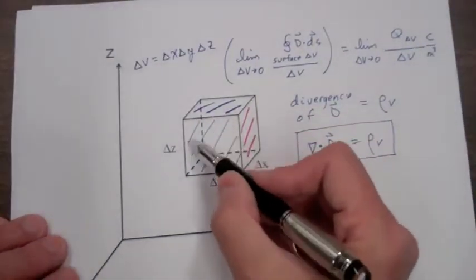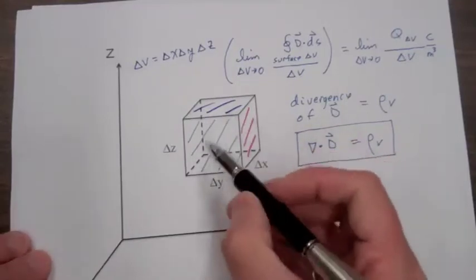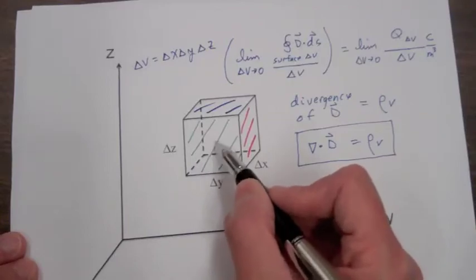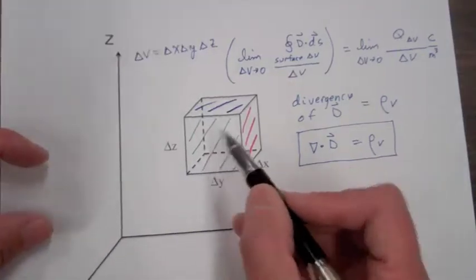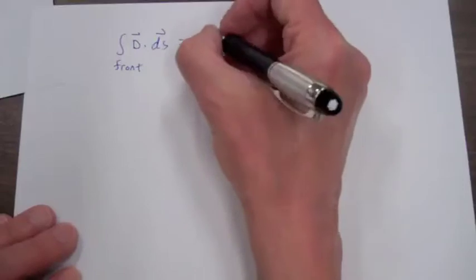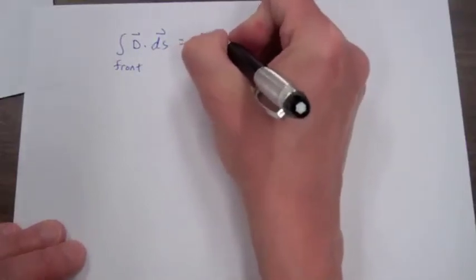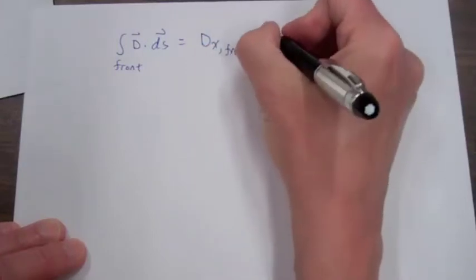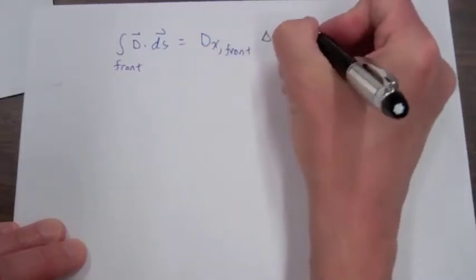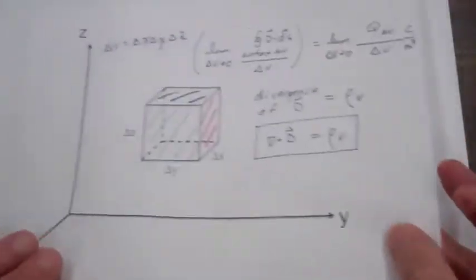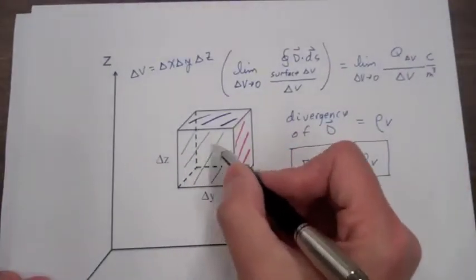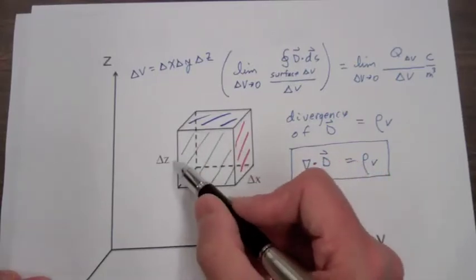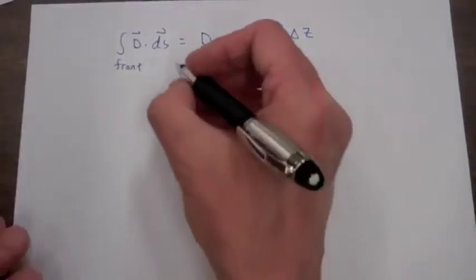Okay, so this surface on the front face, orientation is in the a sub x direction. So this integral will become d sub x on the front face times delta y delta z. When you take the dot product, you're just going to get the value of d sub x in the x direction times the surface area of the front face, delta z delta y.